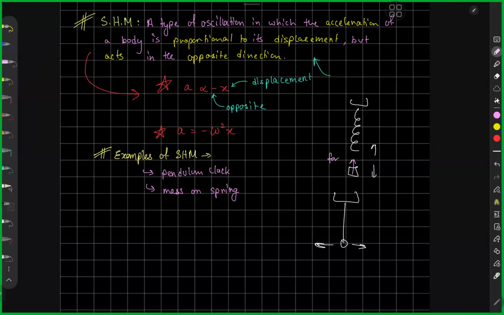Have you tried this in a lab? Have you seen how you displace the mass? It starts bouncing up and down. So basically the point is, when you displace the mass, there's an upward force due to the elastic energy in the spring.